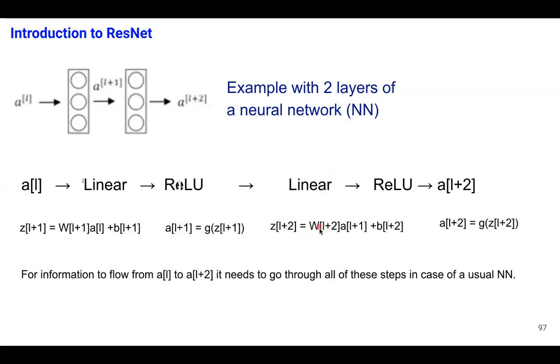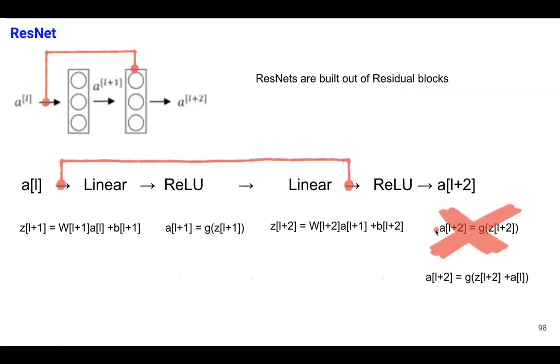So W parameters of that layer times the activation coming from the previous layer plus B, and then again ReLU. So you see that for information to flow from A^L to A^(L+2), it needs to go through all these steps in a usual neural network.